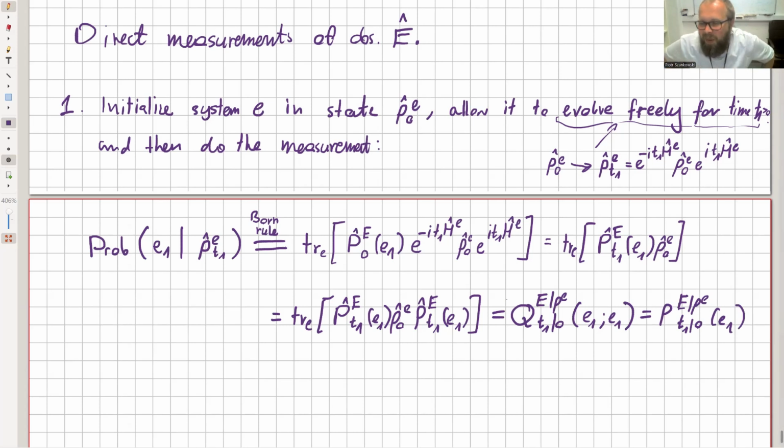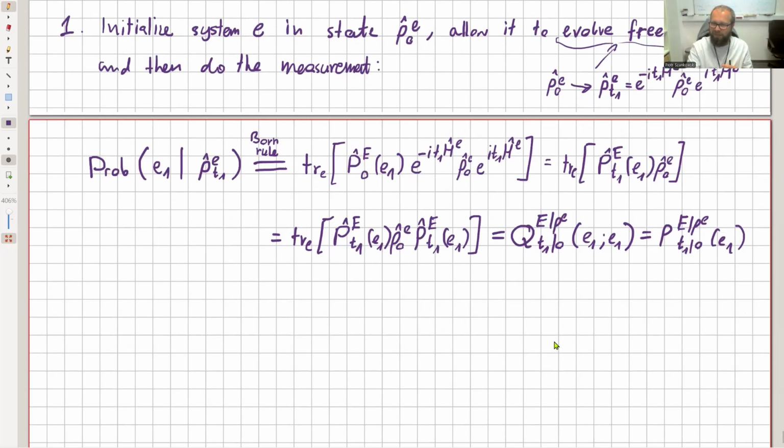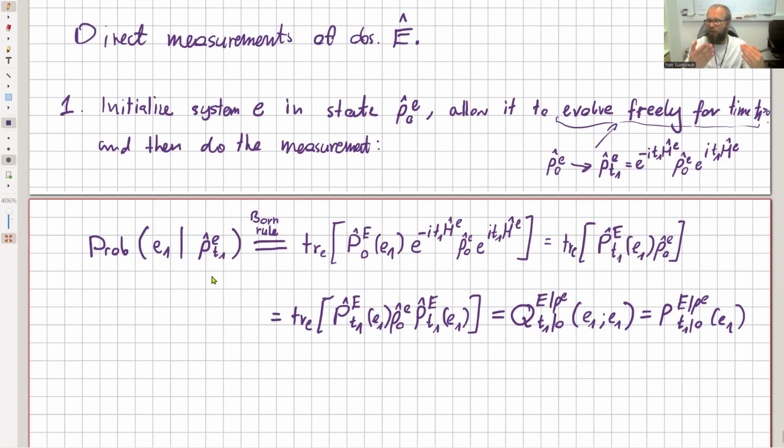So you see the bi-probability pops in, right? Okay, so this is the first step. We initialize, allow it to evolve for T1, do the measurement, and the probability of getting a result E1 according to the Born rule is just given by the diagonal part of the single-time bi-probability. And now we want to continue.